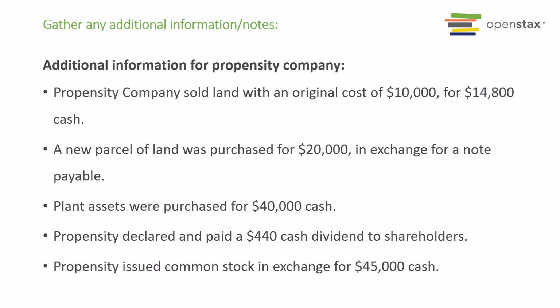And if you have any dividends or owners' payments and any stock or owner investments that took place during the year. Small companies may not have this information, but if you are working for a company that's buying and selling property, plant, and equipment, or managing investors and dividends, gather this information up as well.